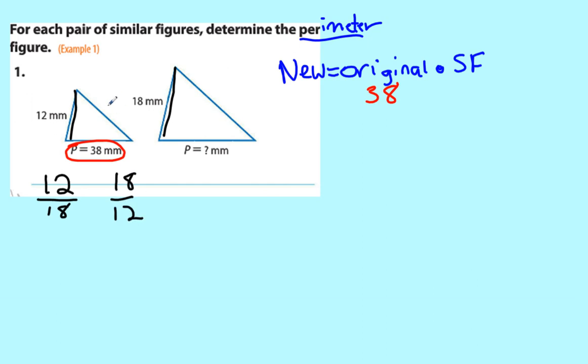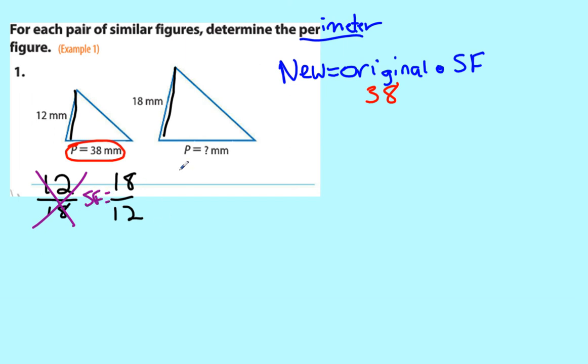And then we consider, is our shape getting bigger or smaller? And we can see that if it's going from 12 millimeters to 18 millimeters, that it's getting bigger, which means our scale factor has to be more than 1, which means we should have an improper fraction, which means we should have 18 over 12. So this is our scale factor.